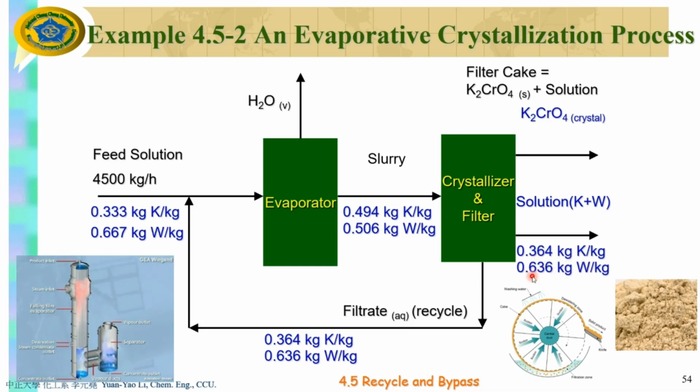Of course, you understand there is 63.6% water. So actually, the filter cake is the combination of potassium chromate and solution. So I draw 2 streams here instead of 1. That will be easier for you to understand. But in your textbook, you only have one stream here.